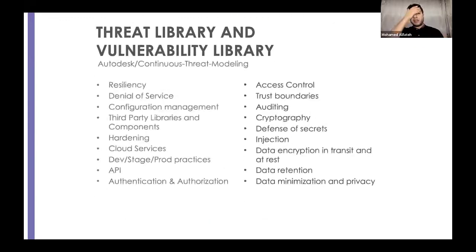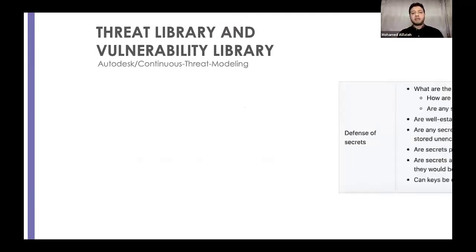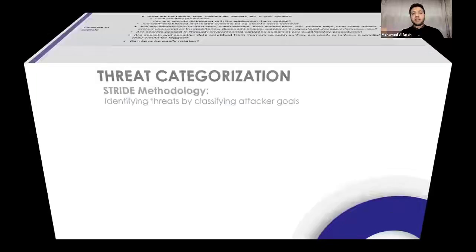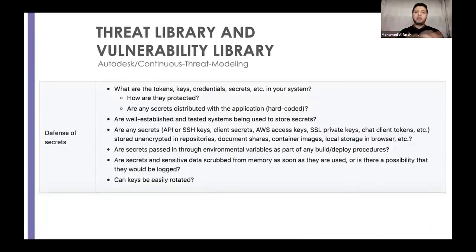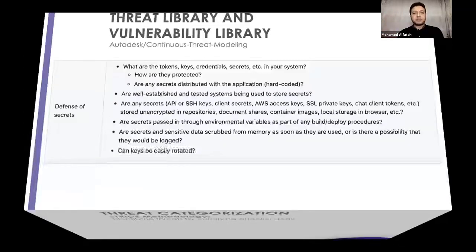This is another example of a threat library. It's from Autodesk Continuous Threat Modeling. They have different domains, and for each domain they identify some questions, which you can try to answer based on your understanding of the data flow diagram, and try to think about attack trees or attack vectors based on those domains.